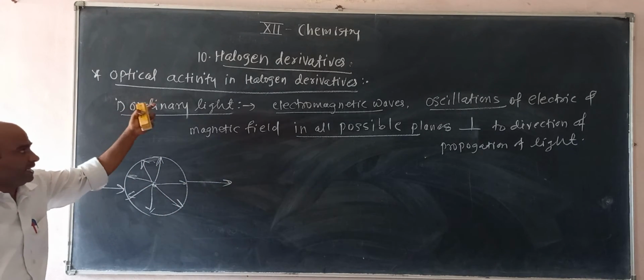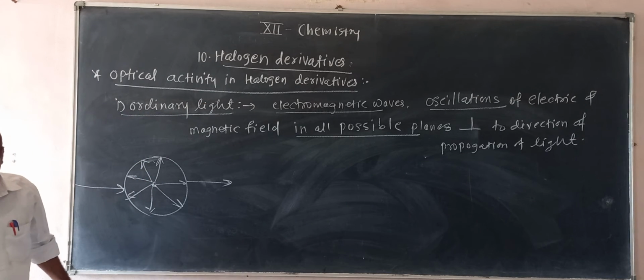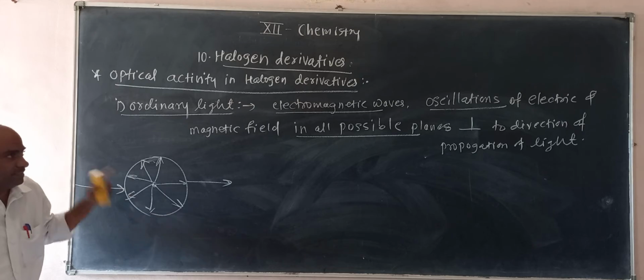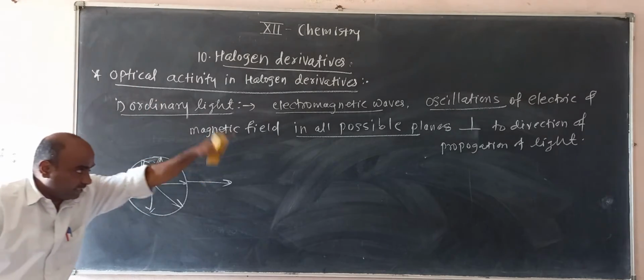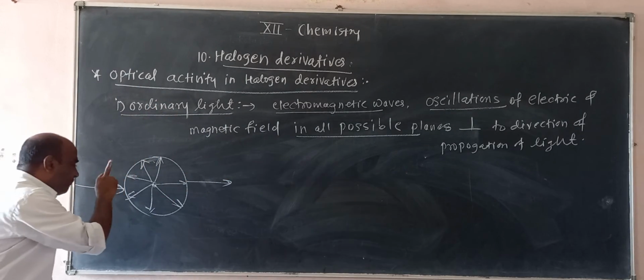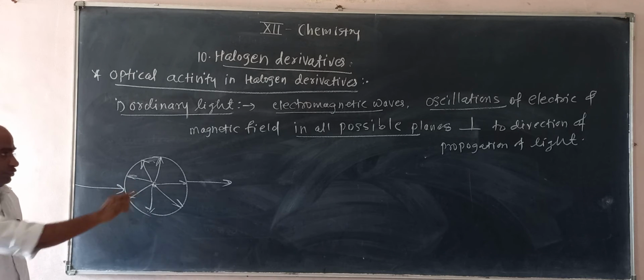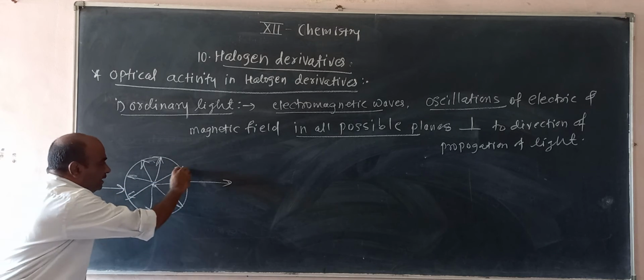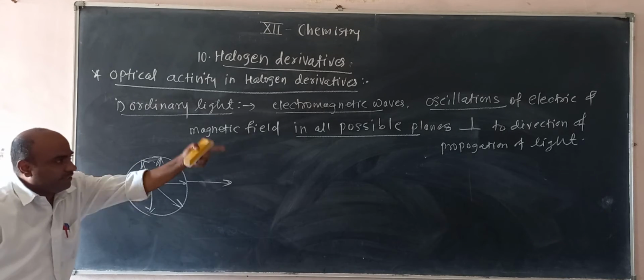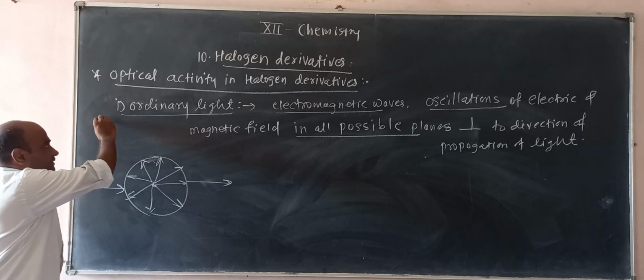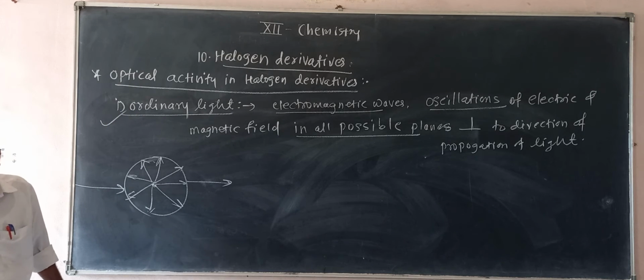This light is called ordinary light. Light which consists of electromagnetic waves whose electric as well as magnetic field oscillations are shown in all possible directions perpendicular to the direction of propagation of light is called ordinary light.